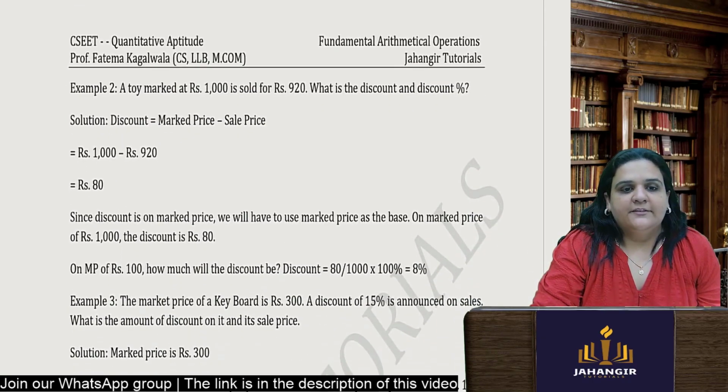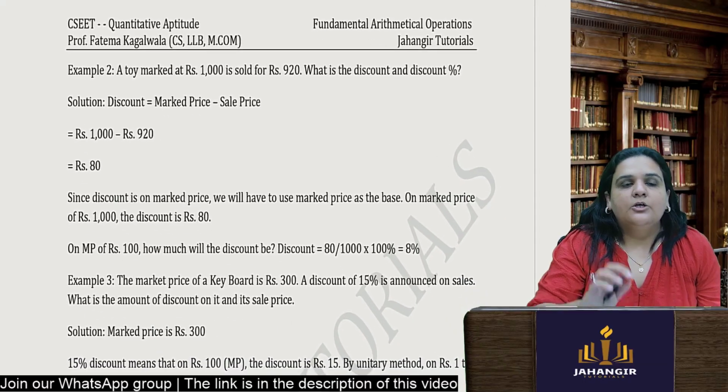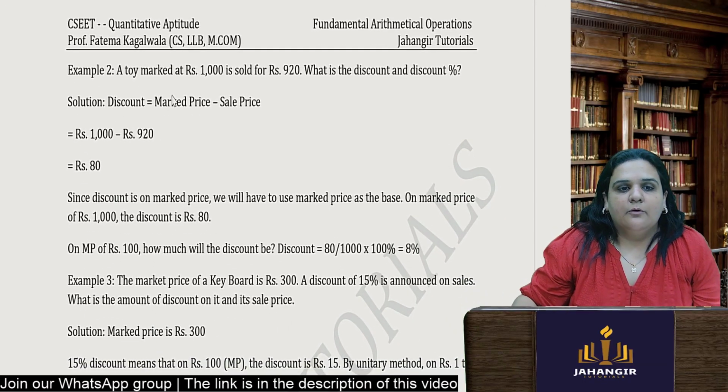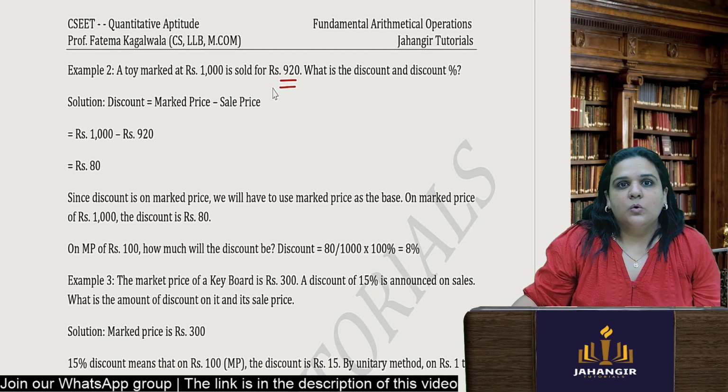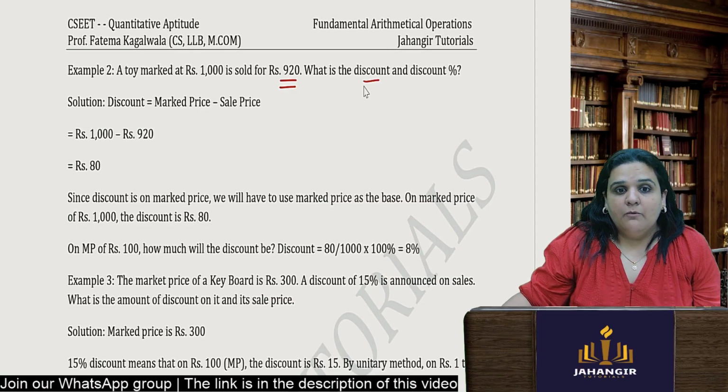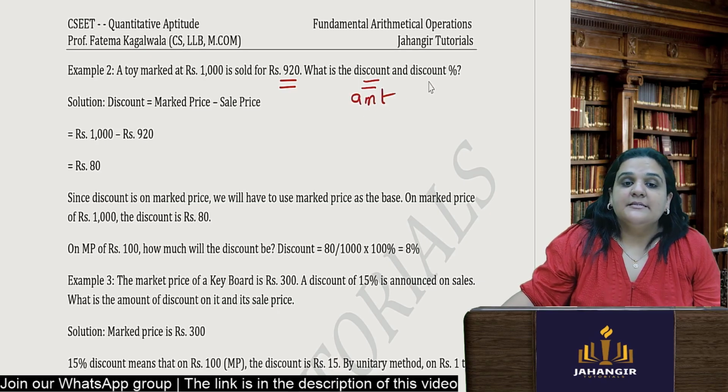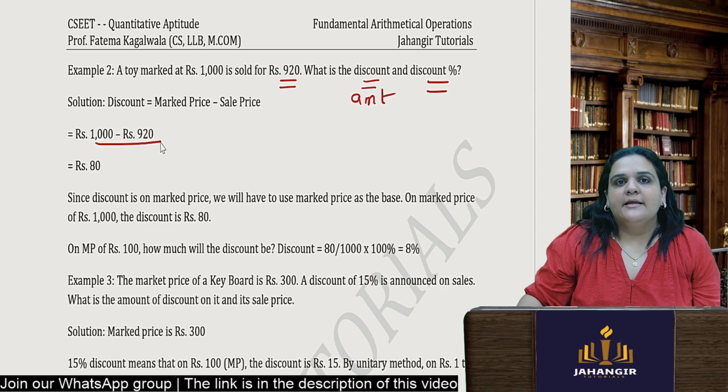Now see this next one. A toy which was marked at 1000 is sold for 920. It means it is sold for 80 rupees less. What is the discount amount and what is the percentage of discount? Discount amount is very easy. 1000 minus 920, 80 rupees is the discount.